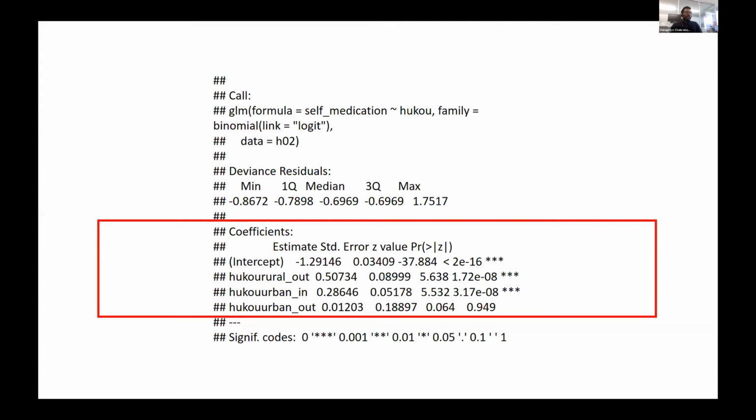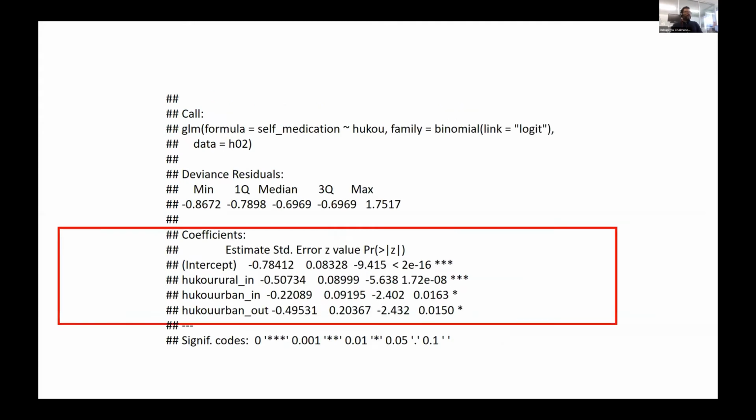With just a couple of commands, you can do that quickly and you get a new result. Now, if you look at the result, the rural underscore out category is hidden from the model outcomes, because we have fixed it as the baseline, right?